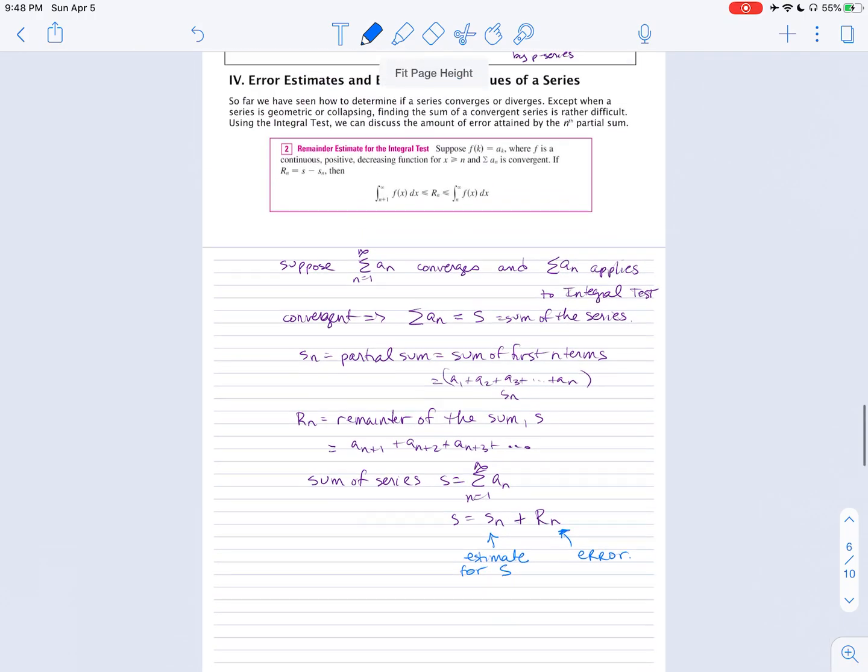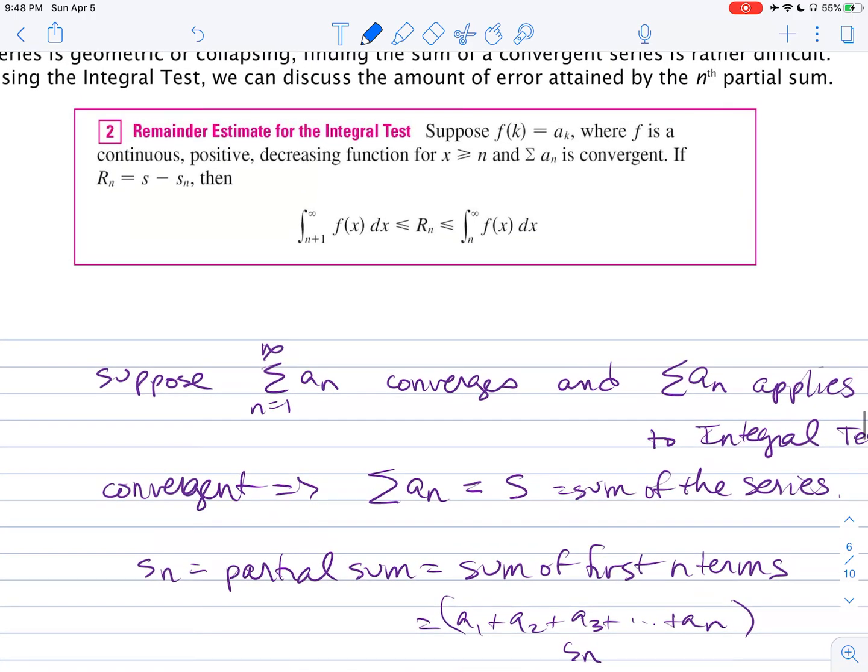Okay, so backing up here and looking at this integral test error estimate, you can figure out, I'm going to estimate the sum of this series, and it could be within an application that you're working with in the real world. And you can say, well, how much might I be off by?